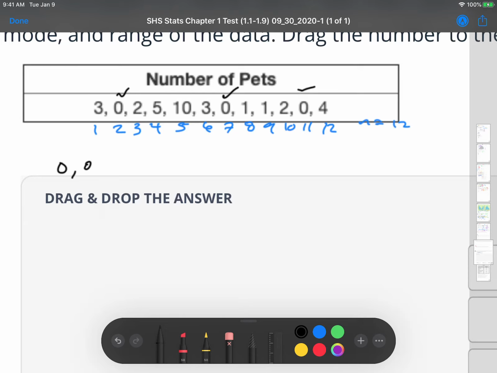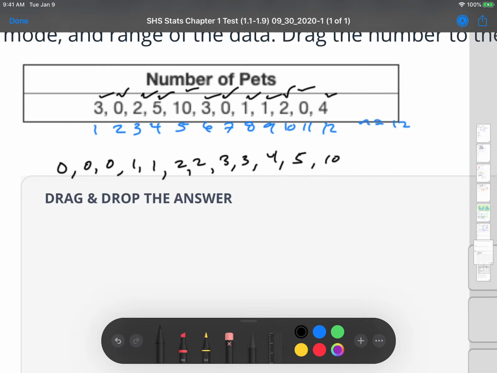So 3 of those. 1, 1. 2, 2. 3, 3. 4, and 10. 1, 2, 3, 4, 5, 6, 7, 8, 9, 10, 11. And I missed another 5. So check marks, super helpful.